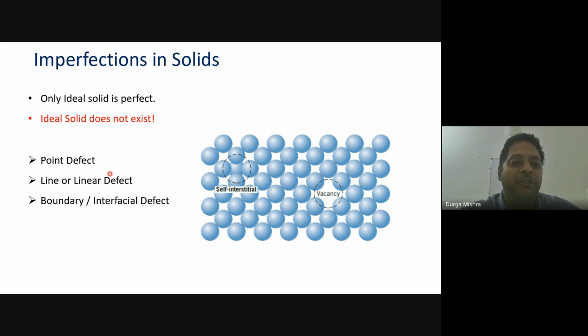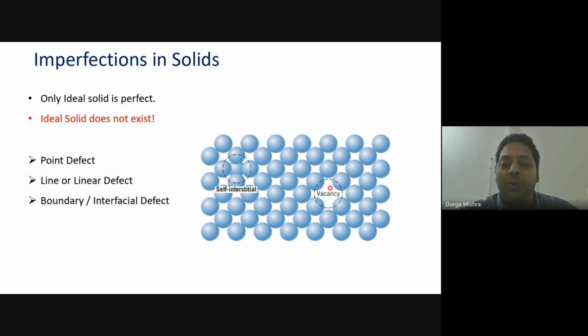The point defect is, as the name suggests, something where only some point is missing. Let's say these are atoms arranged in a periodic manner. Now one of the atoms is missing. This is possible because of some random thermal motion, some extra energy, or some processing issues.